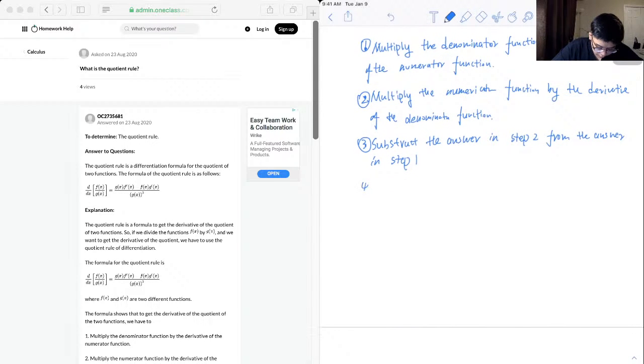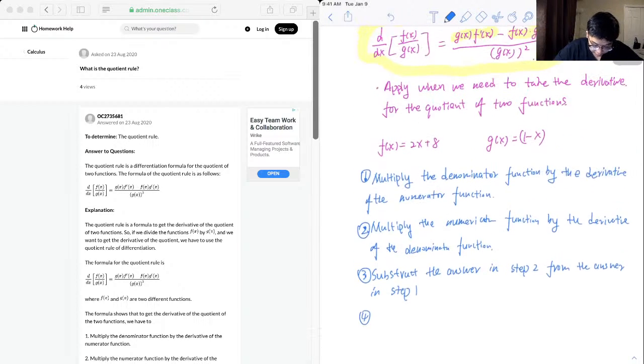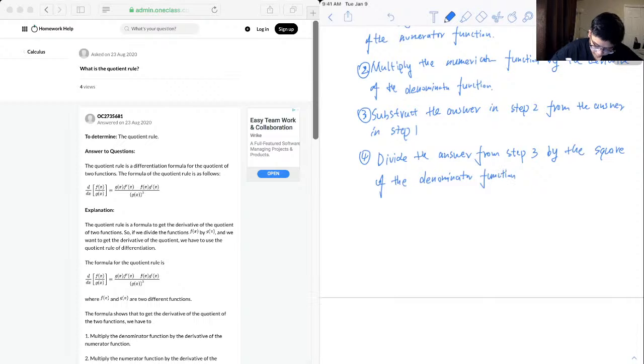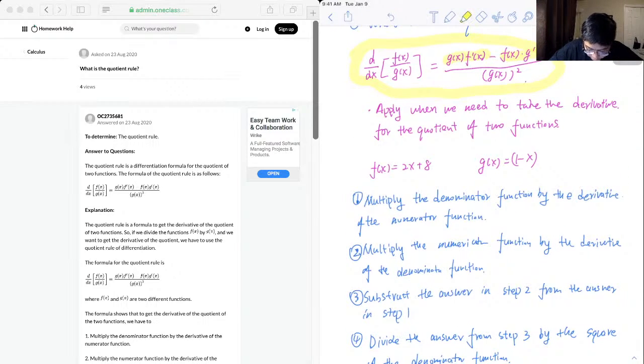After we're done subtracting, our last step will be to divide the answer from step 3 by the square of the denominator function, which corresponds to our g(x) squared we had earlier.